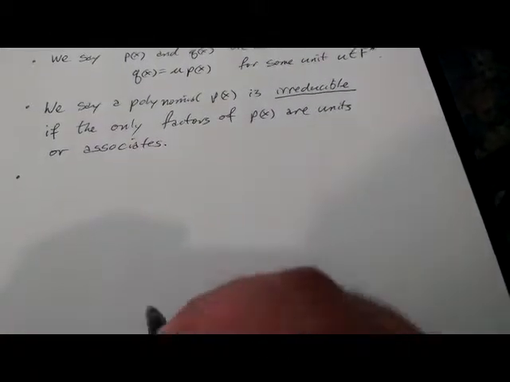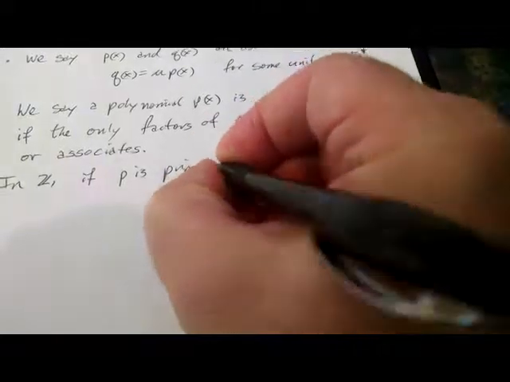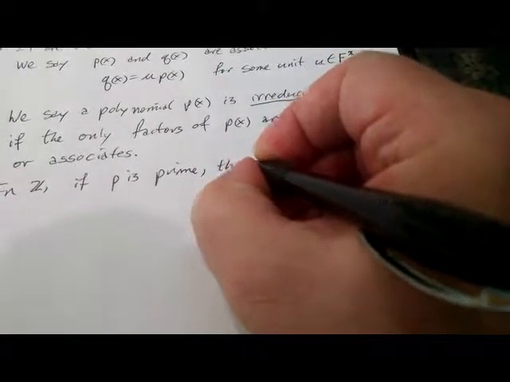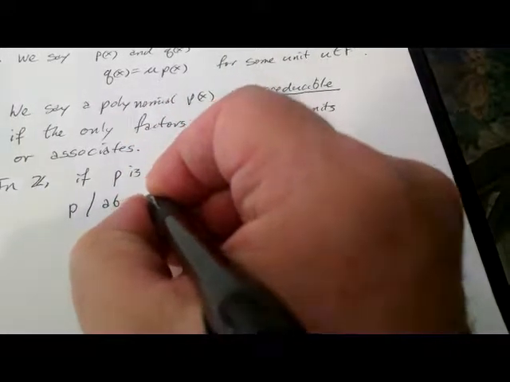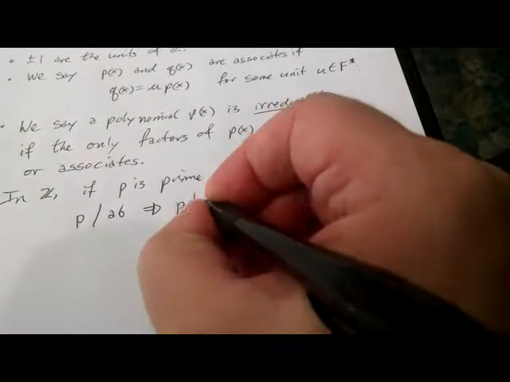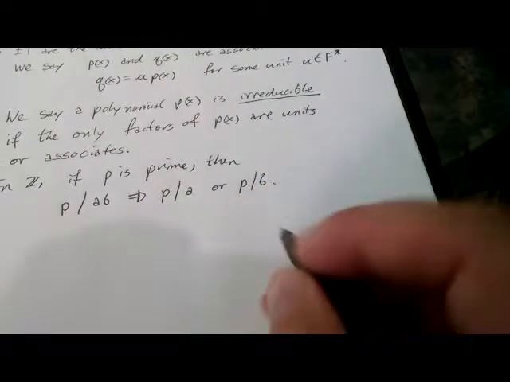Now remember, we had another characterization for prime numbers. We said that if p is prime, so again in Z, then p dividing a product implies p divides one or the other in the product.